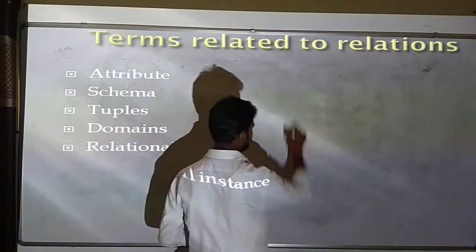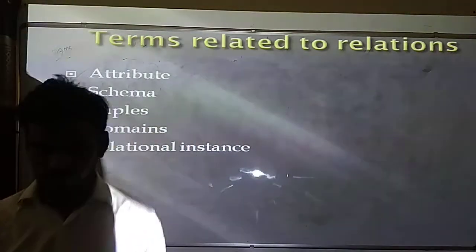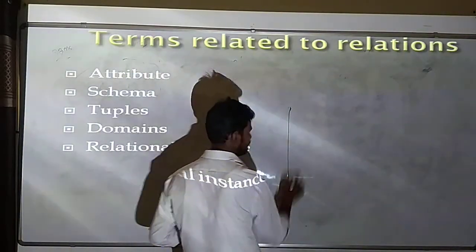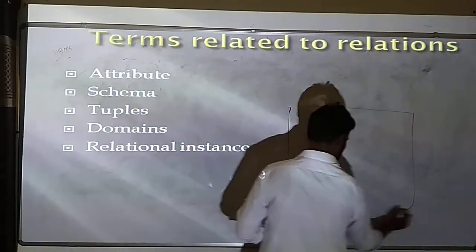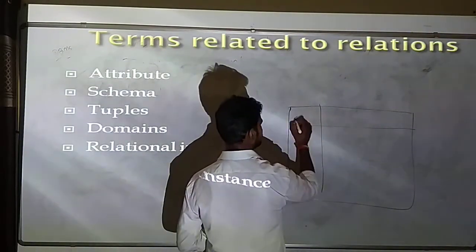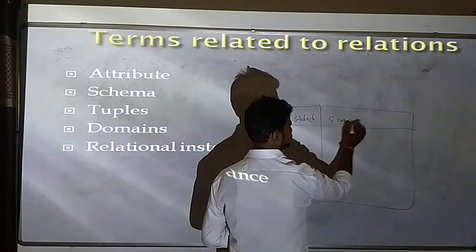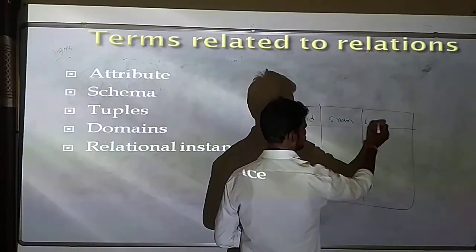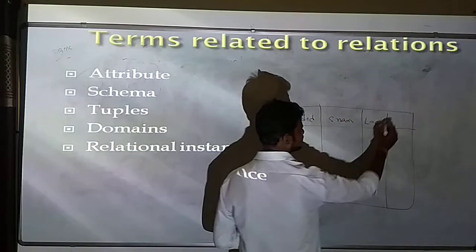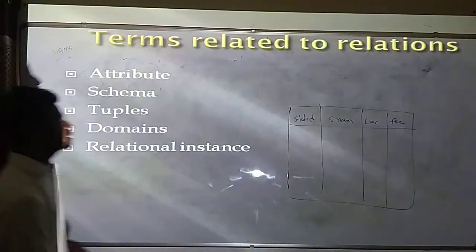For example, if I am taking a table like this, which is our student table, and I am storing the student ID, student name, location, and address, I will have columns like this.